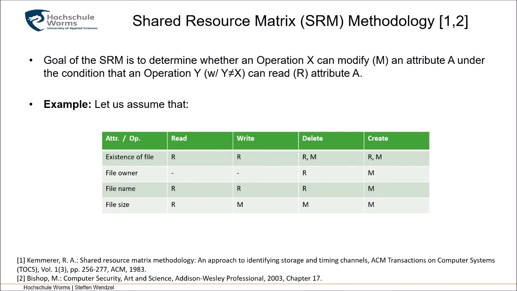And the goal of the SRM is to determine whether an operation X can modify an attribute A under the condition that operation Y, which is a different operation, can read the attribute A.